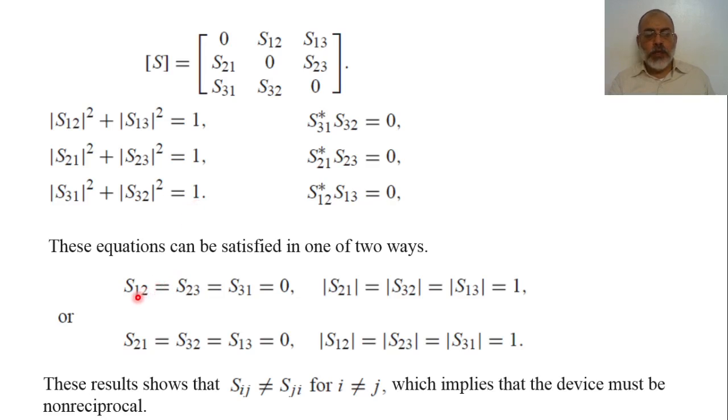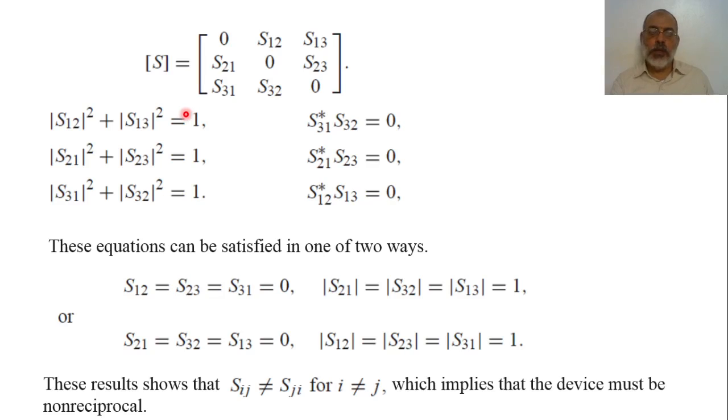So, if S12, S23, and S31 are 0, then the magnitude of S21 equals the magnitude of S32 equals the magnitude of S13 equals unity. These six S parameters satisfy these conditions simultaneously. So this is one solution for such a non-reciprocal lossless matched network.